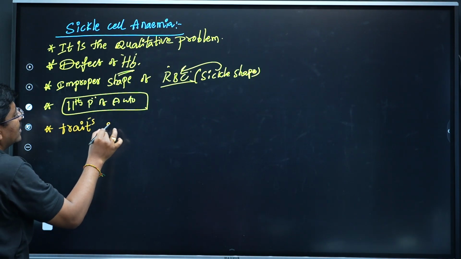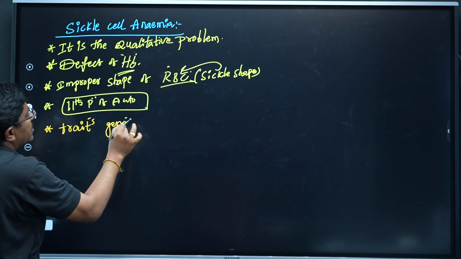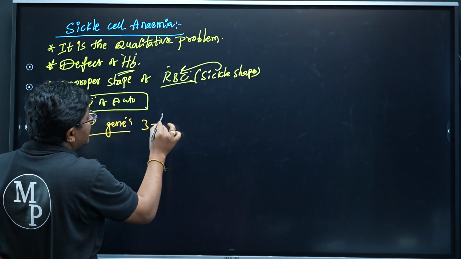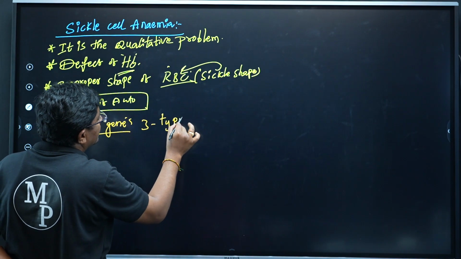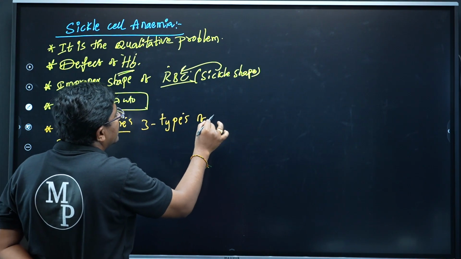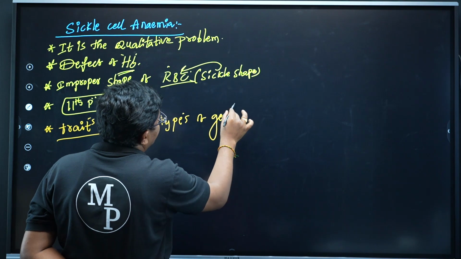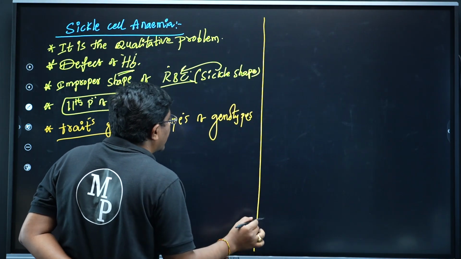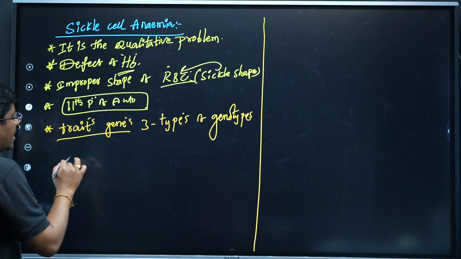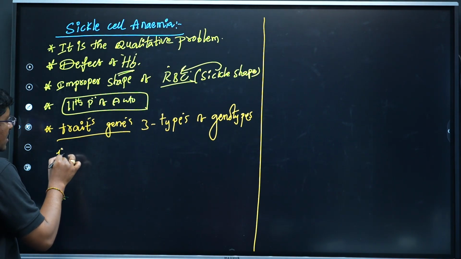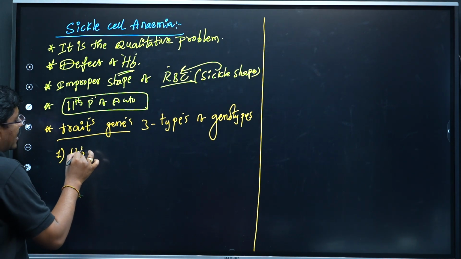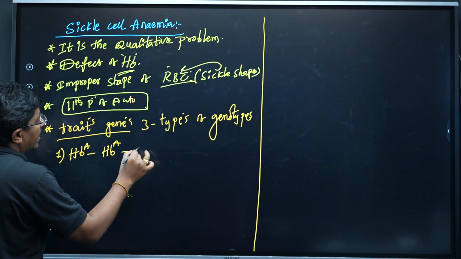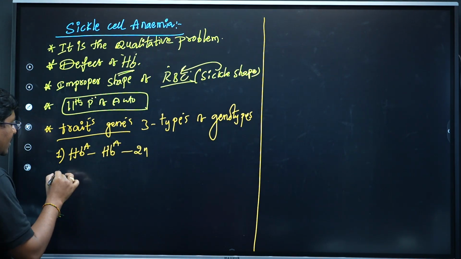Traits are nothing but genes. Generally, three types of genotypes are there. One is HBA and HBA, which is the diploid condition.